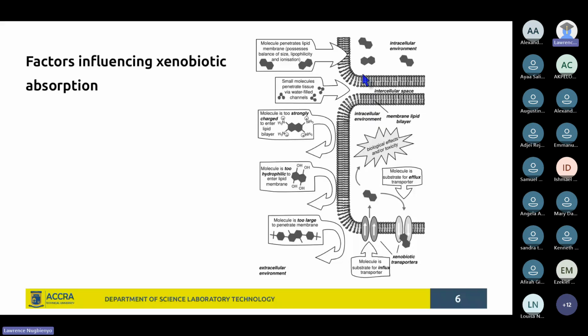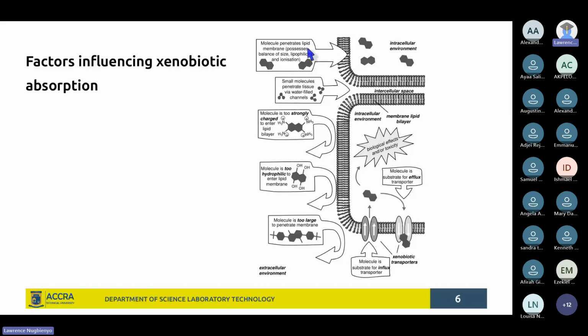Inside the cell, you have some xenobiotics that are able to penetrate through the cell membrane into the cytoplasm. That's why you're seeing there the intracellular environment, and you have these xenobiotics being shown over here.